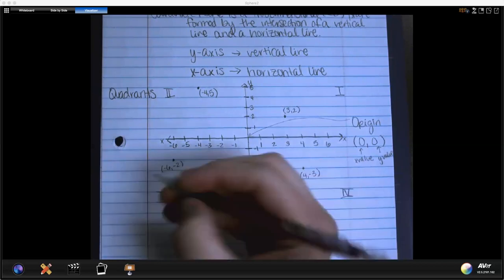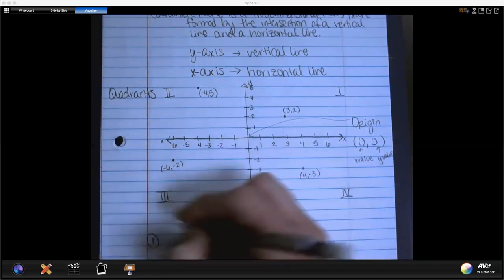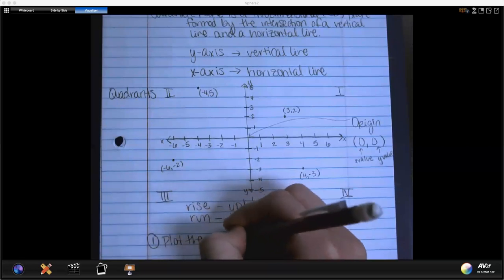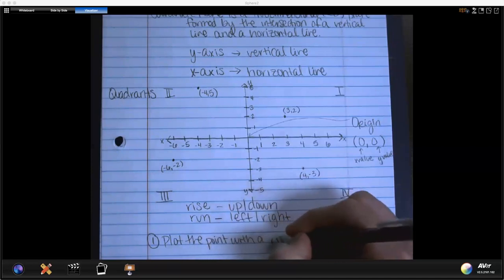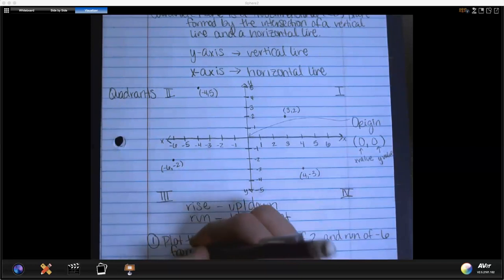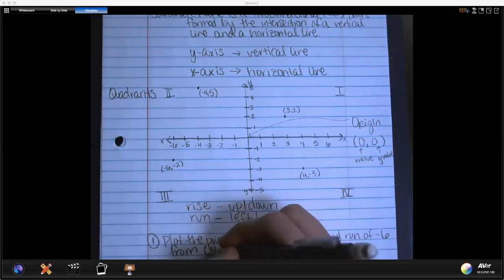So, the question I'm going to ask you, or the instructions: we are going to plot the point with a rise of 2 and a run of -6 from 4, -3.